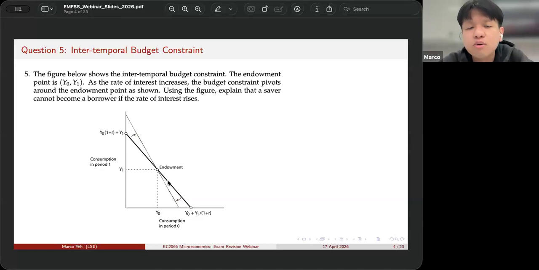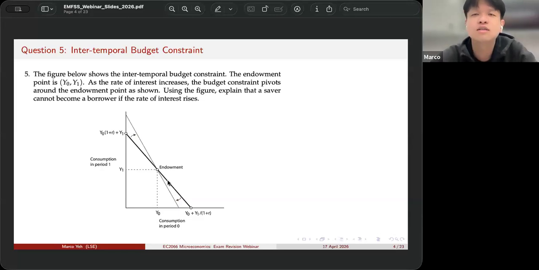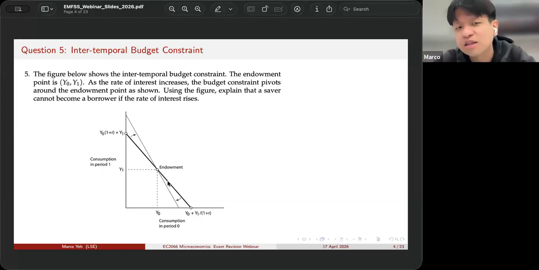By assumption, it would be possible, but you need to borrow income from your future self. What do I mean by that? I consume something greater than Y0, so I'm choosing a bundle to the right-hand side of the endowment point on the intertemporal budget constraint line. But tomorrow, I can only enjoy something less than the income level Y1.